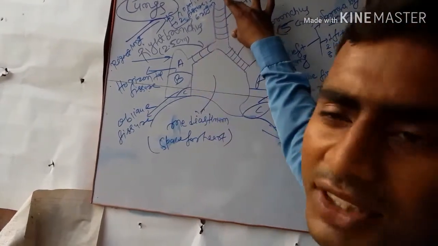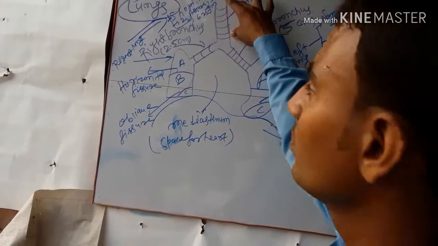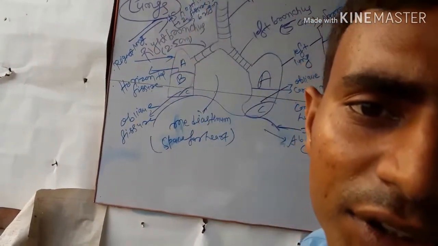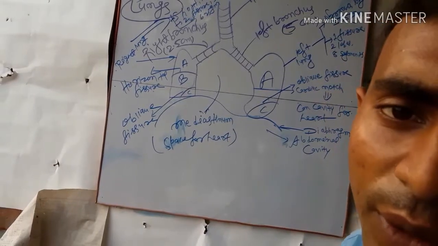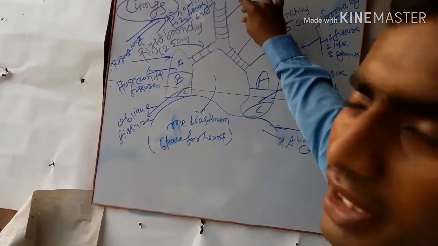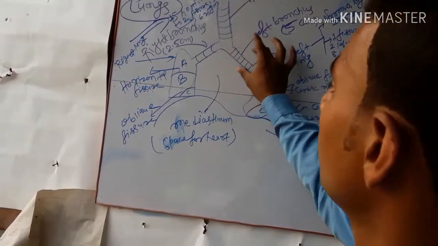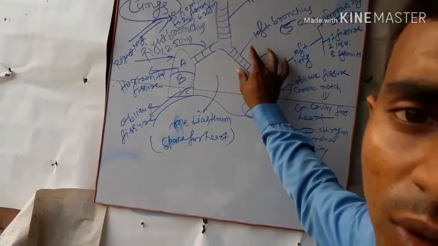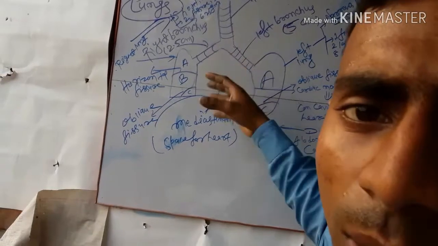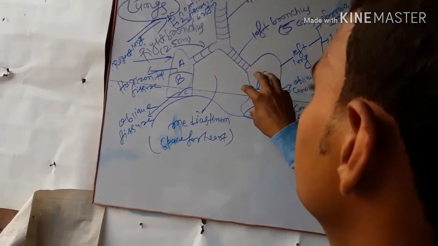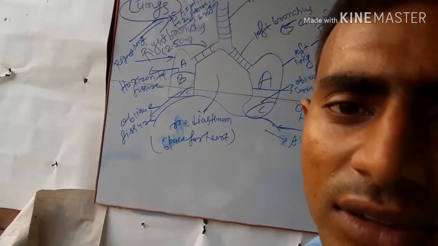This is the trachea. Above the trachea, the larynx is present. After the trachea, this is the bronchi. After the bronchi, the bronchioles occur, and the bronchioles are present in the lungs.